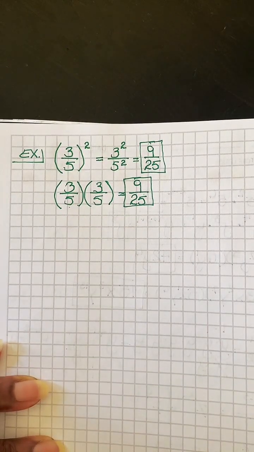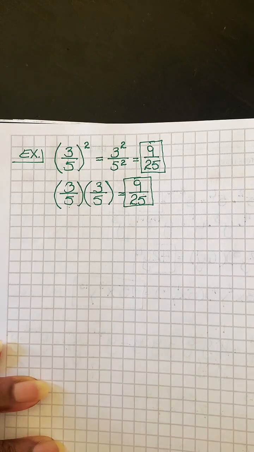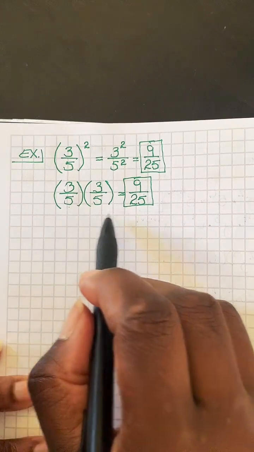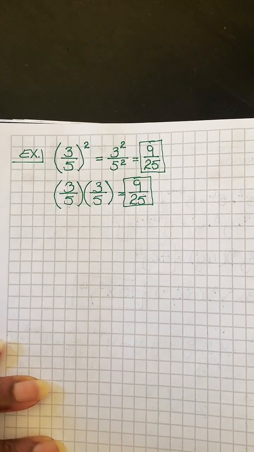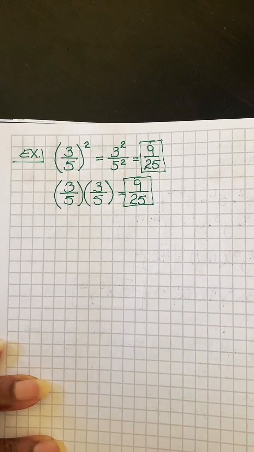but as things get a little more intense, this expanded form is going to be tough to do. Especially if you're going to say, all right, 3/5 raised to the 12th power. You think I'm going to sit here and do like 12 parentheses? You joking. We're not doing that. So that's why knowing those little tidbits and keeping them within you, you'll be able to get this a lot quicker.